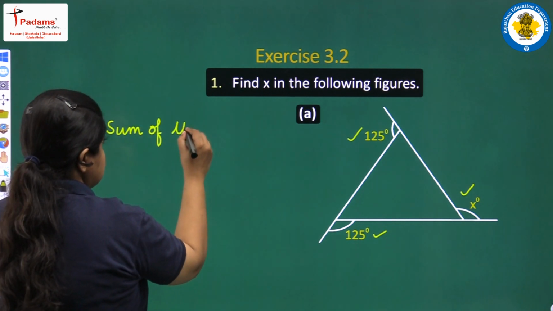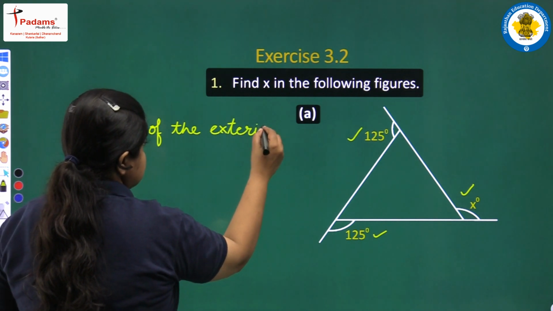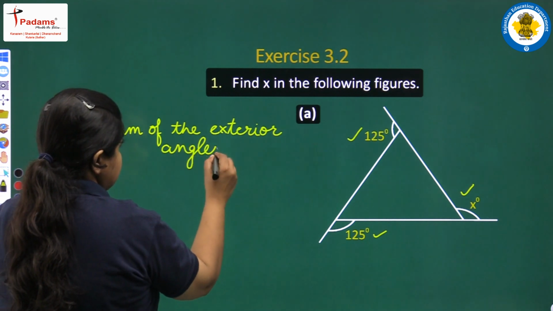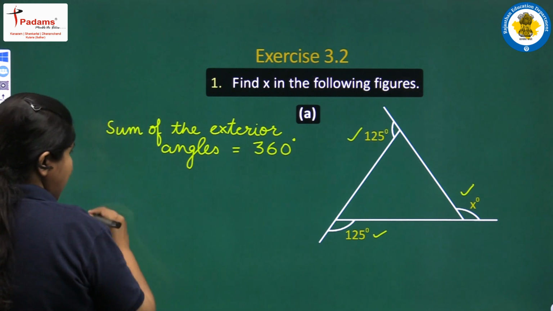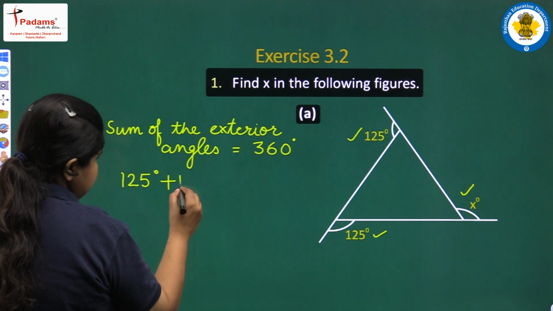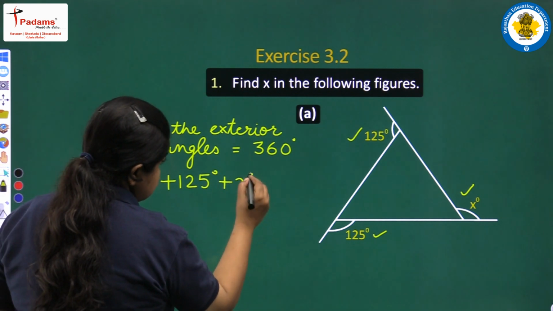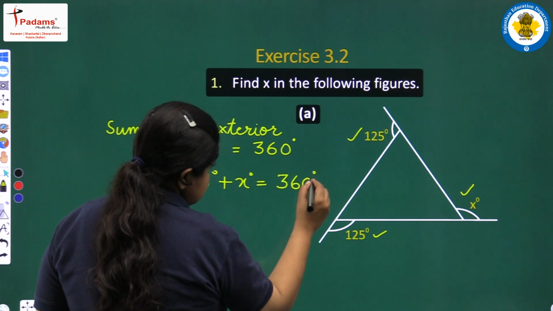Sum of the exterior angles is equal to 360 degrees. Let us now add the three angles: 125 degrees plus 125 degrees plus x degrees is equal to 360 degrees.